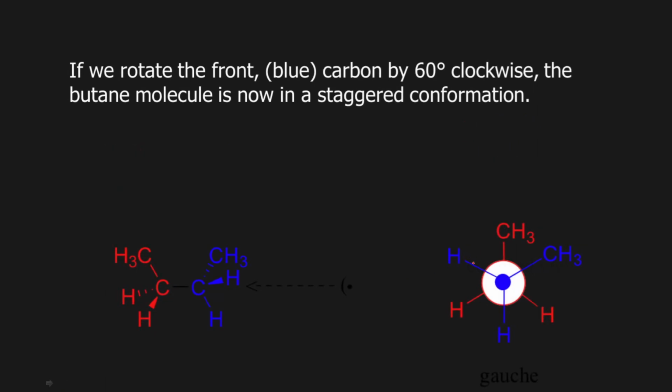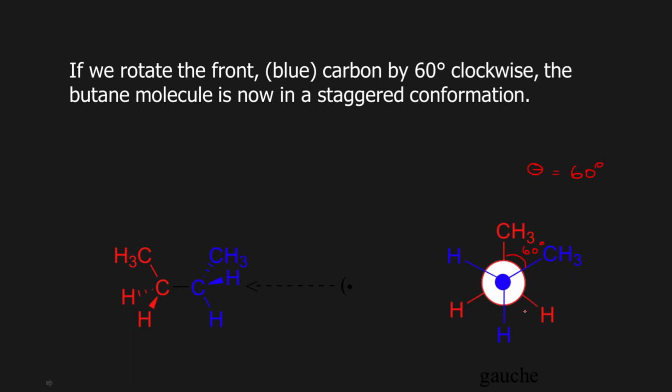Then we are going to rotate the first one by 60 degrees. You can see we are rotating the blue one by 60 degrees here, and the dihedral angle here is 60. So we can point out that theta in this case is going to be 60. This form is known as the staggered form.